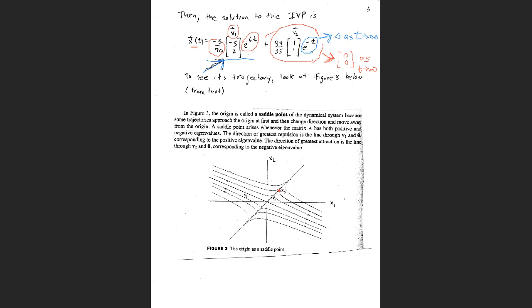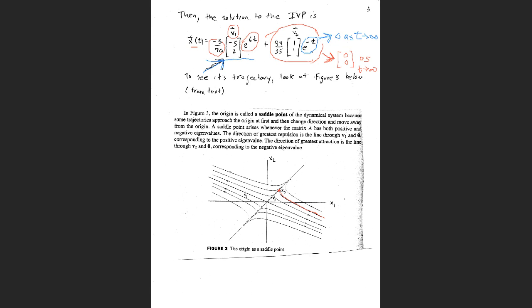Okay, but our trajectory does this. All the trajectories, as t gets large, move away from the origin. Our trajectory does that.